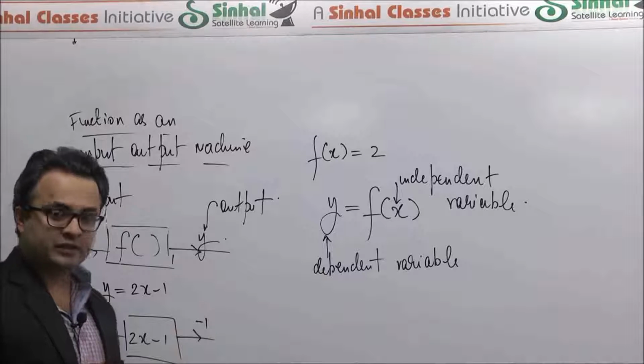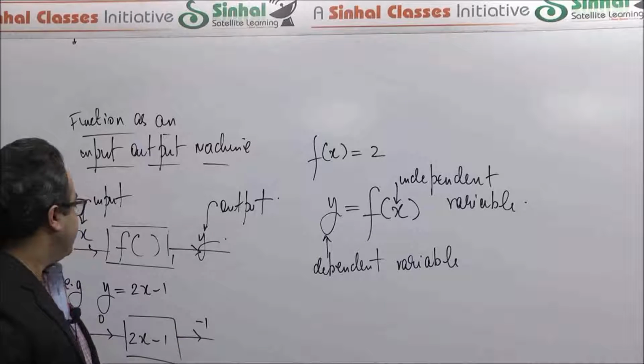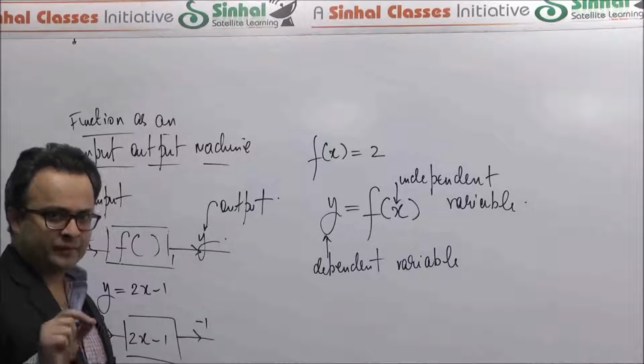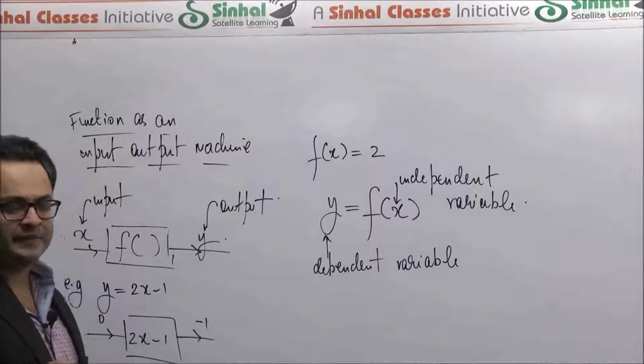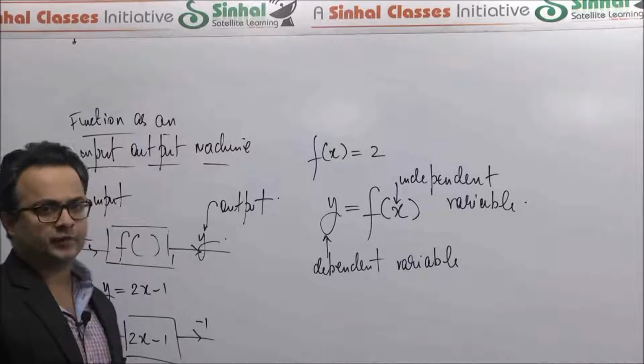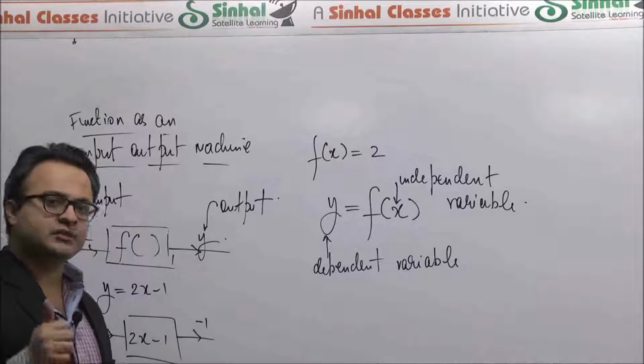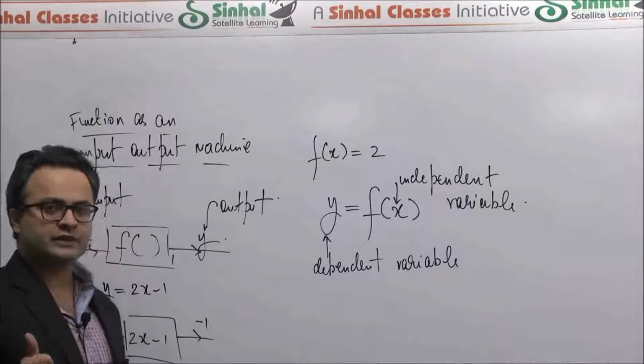But for that relation to be categorized as a function, one basic requirement is that for a particular value of the input, for a particular value of x, there should be exactly one value of the output.